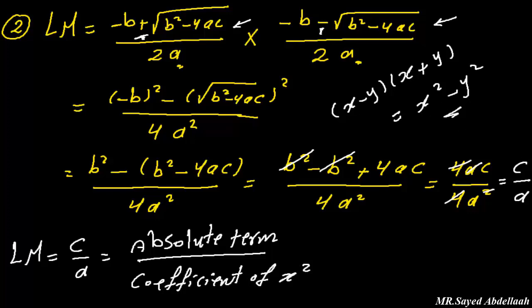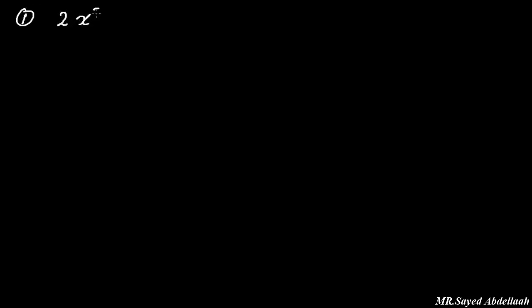Okay, for example, without solving the equation, find the sum and the product of the two roots of each of the following equations. Example number 1: 2x² + 5x − 12 = 0.